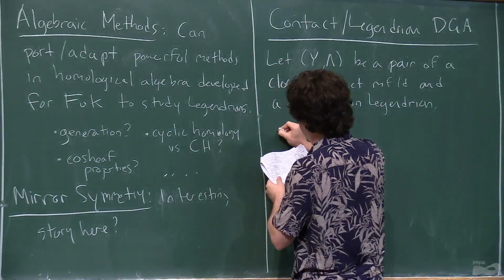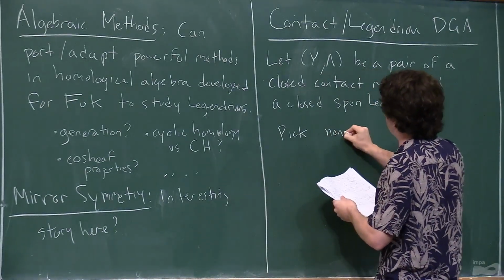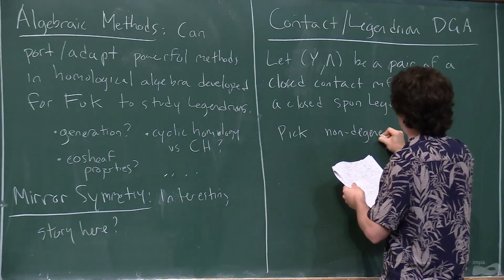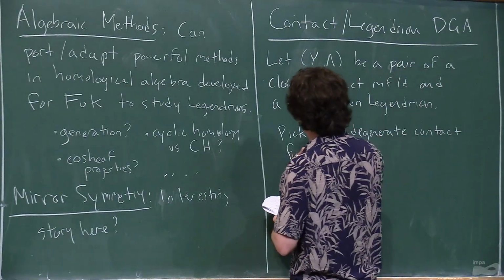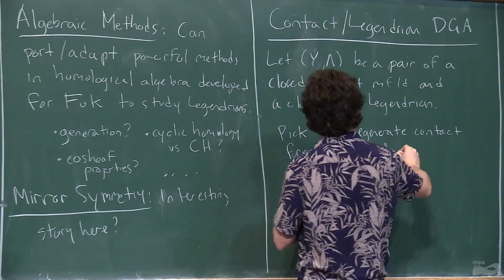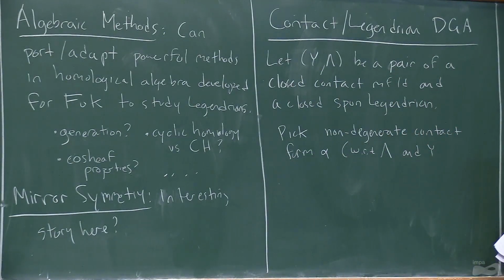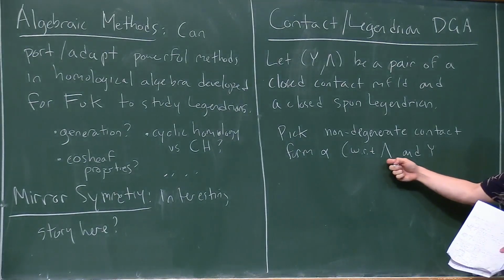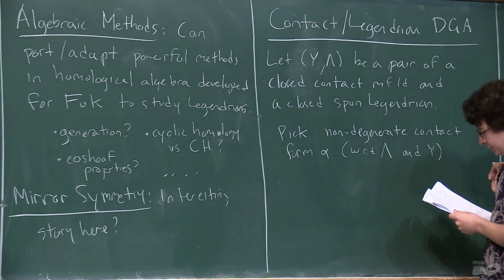Okay, so to set up this thing, you need to pick a bunch of data to define your Floer theory. Let's say I pick a non-degenerate contact form alpha, with respect to this Lambda in Y. What I mean by this is that the Reeb orbits are non-degenerate, meaning the linearization of the return map doesn't have one as an eigenvalue, and then a similar condition for the Reeb chords of the Legendrian.